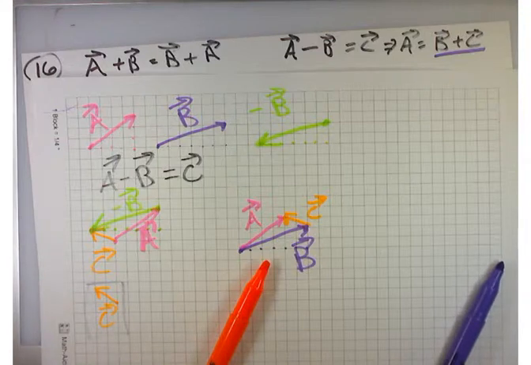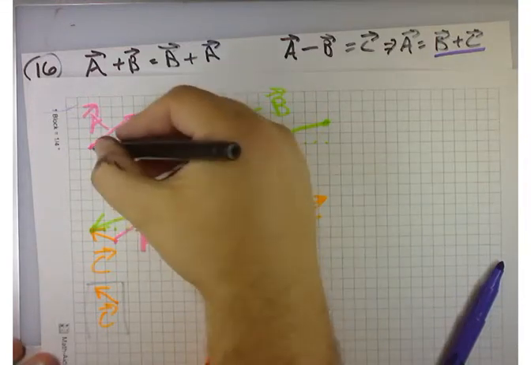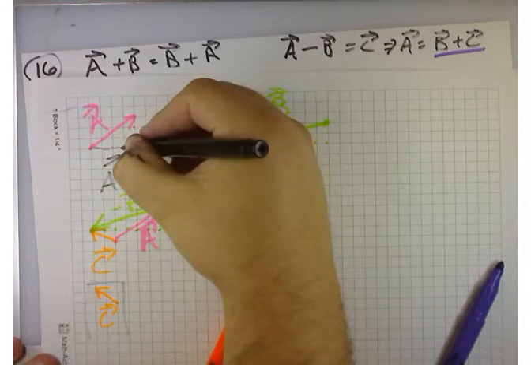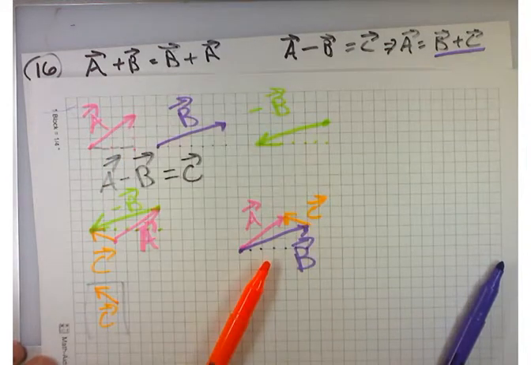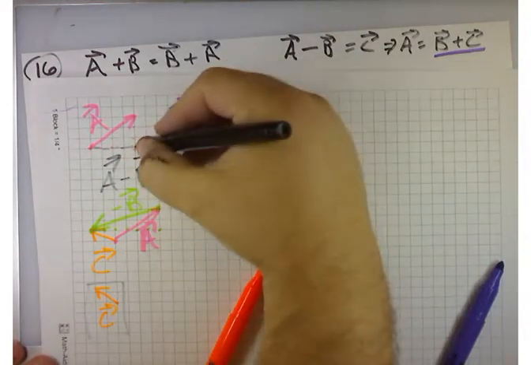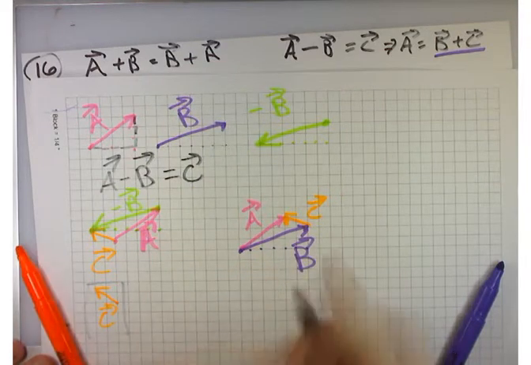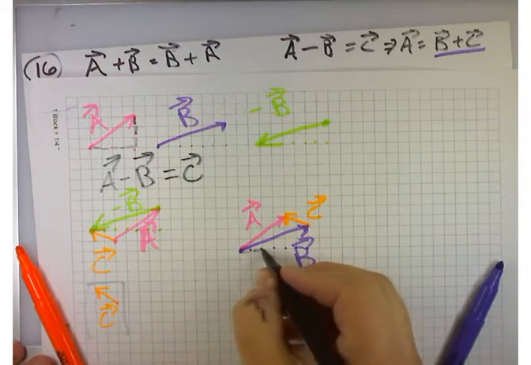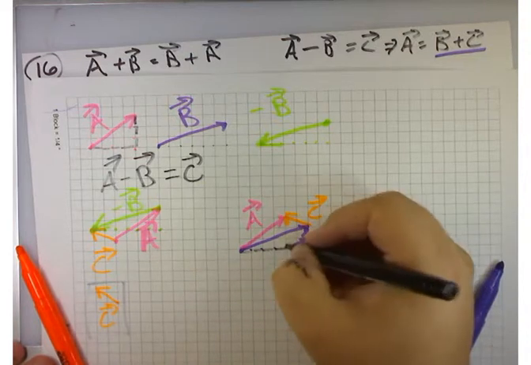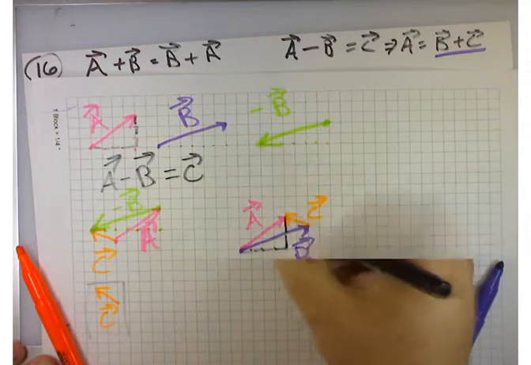This is where using the right triangle method or the triangular method comes into play. This has 1, 2, 3, 4 X components. This one goes up 1, 2, 3 Y components. This goes over 1, 2, 3, 4, goes up 1, 2, 3.